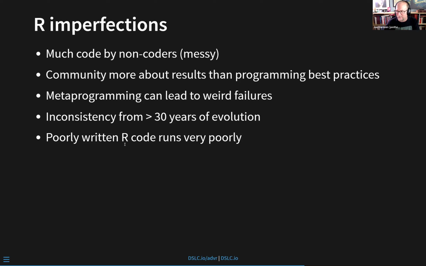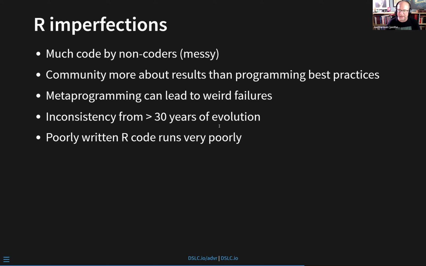And then, he words this very carefully because it's not that R is slow, it's that poorly written R is slow. R is not the fastest language, but some of the things that people think that you should replace R with are equal, not faster. If you want R to be faster, you should be writing it in a compiled language like C, not another scripting language like Python.